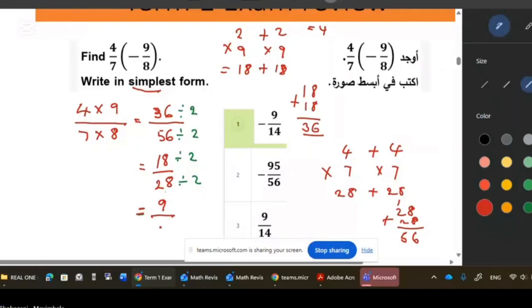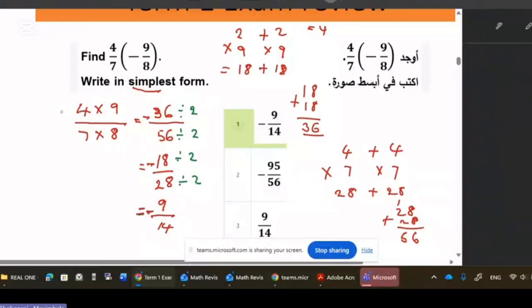Now remember, this was negative, so everything here is going to be negative, because it was negative 9 there. That's why the answer becomes negative 36, negative 18. Now we have negative 9 over 14.